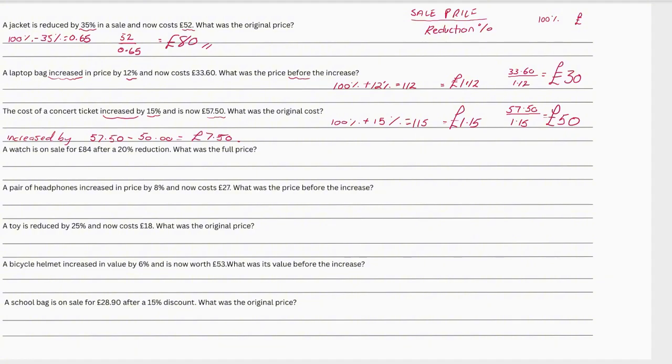So a watch is on sale for £84. After a 20% reduction, what was the full price? So we know what to do with the reduction. We're going to do 100% minus 20%, obviously equals 0.80.